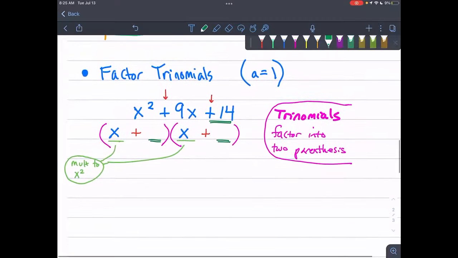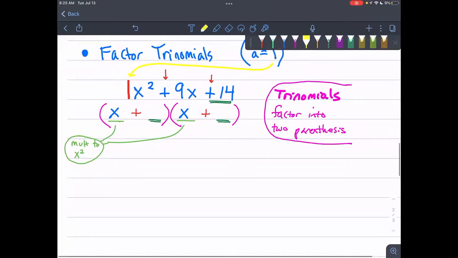And up here it says a is equal to 1, so I'll go ahead and write that in here. I just mean that the number in front of x squared is 1. So what that means is, and I won't write all this out every single time we do one of these, the first two things have to multiply to be x squared. The last two things have to multiply to be 14.